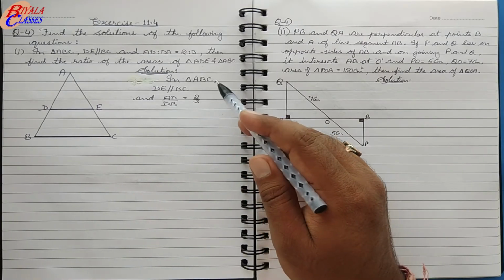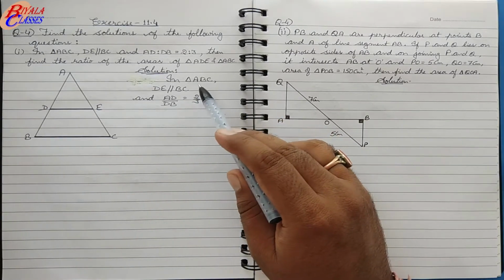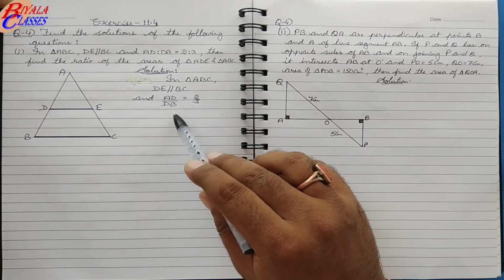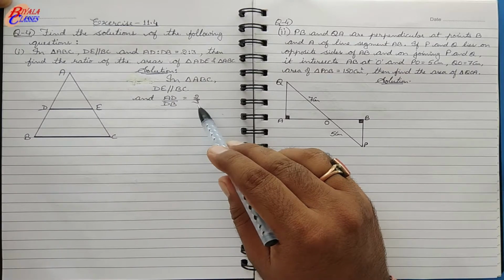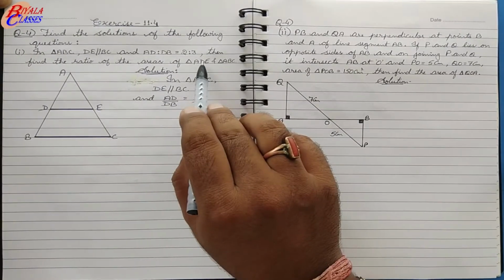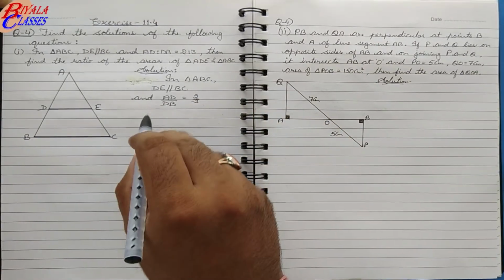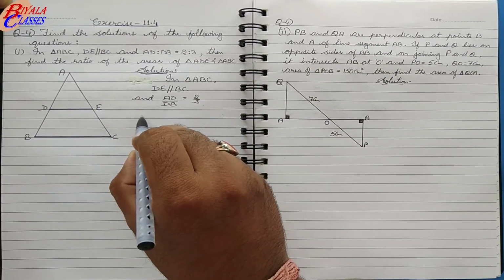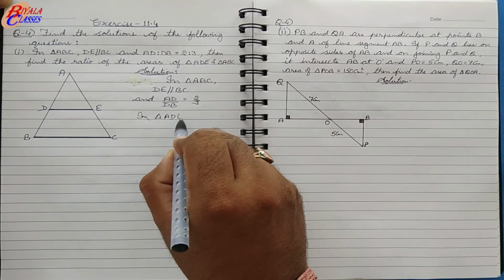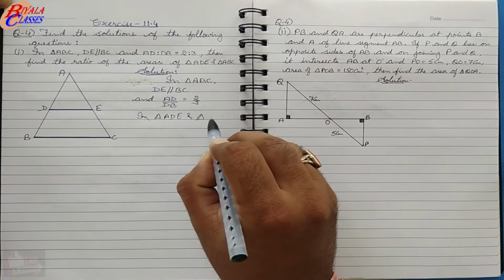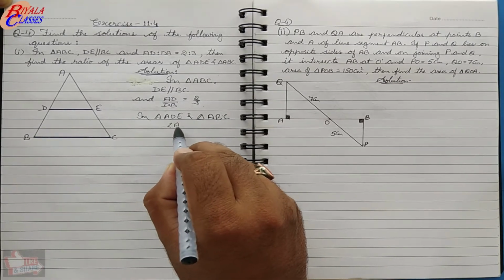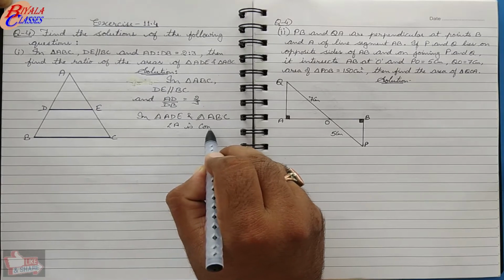So I have written here what is given in the solution. In triangle ABC, DE is parallel to BC and AD upon DB is equal to 2/3. Now if we consider the two triangles ADE and triangle ABC, angle A is common.